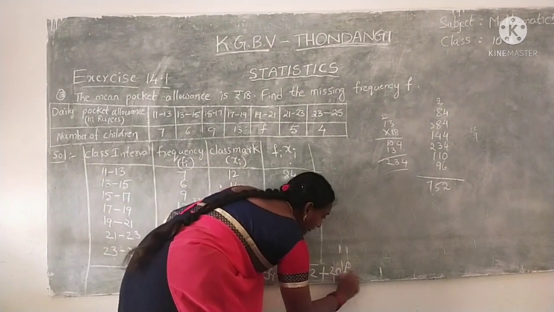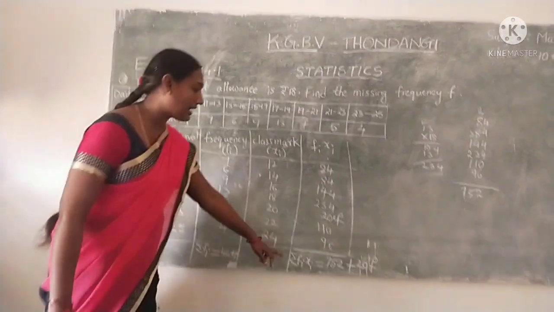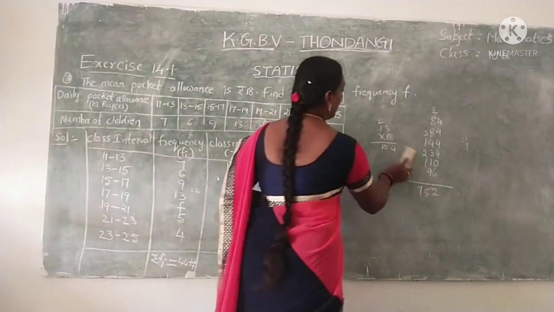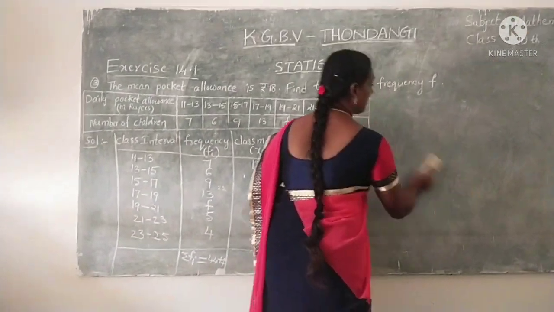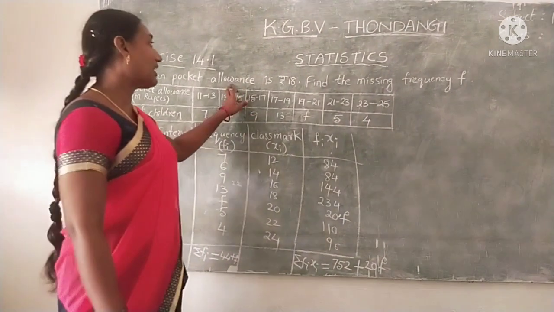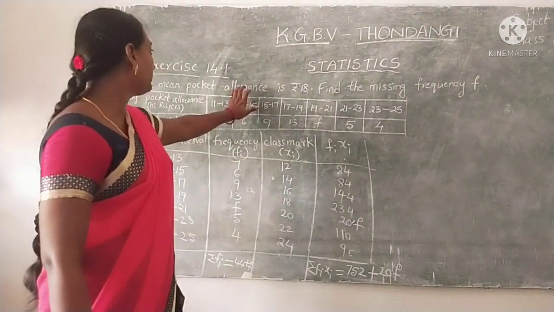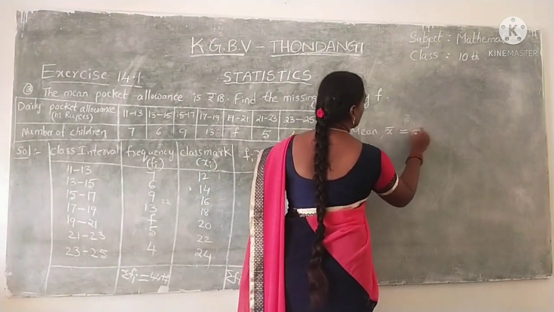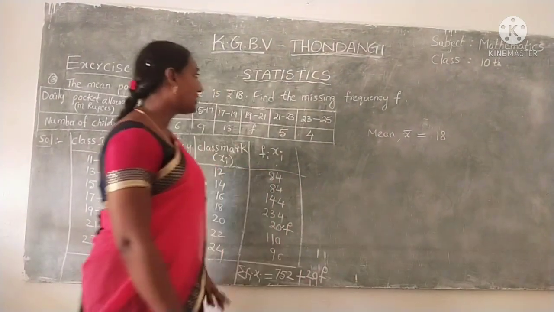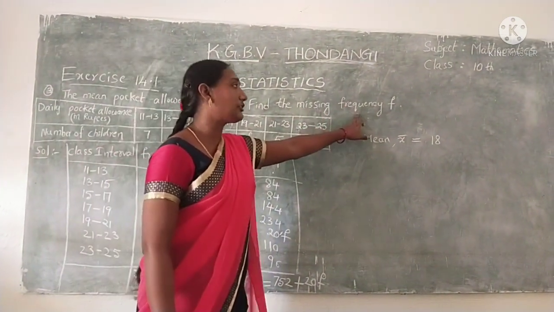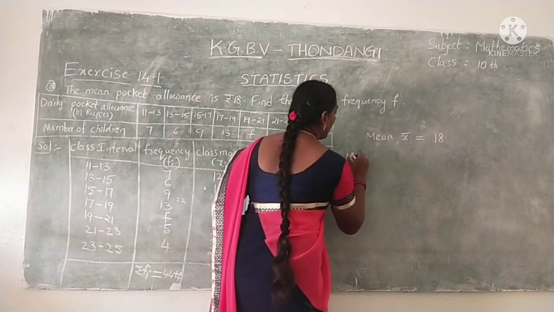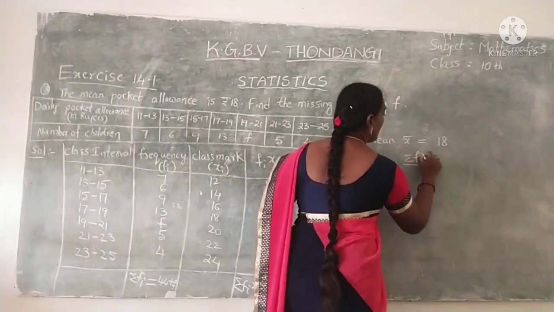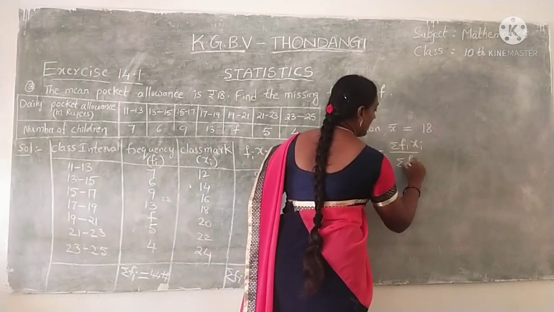So sigma Fi Xi is 752 plus 20F, and sigma Fi is 44 plus F. Now, we would calculate the mean, but the mean value is already given. What is the mean value of the given problem? Mean x bar is equal to 18. So what do we have to find here? The missing frequency. The formula in the direct method is x bar equals sigma fi xi by sigma fi.